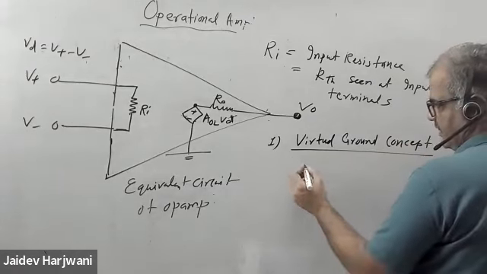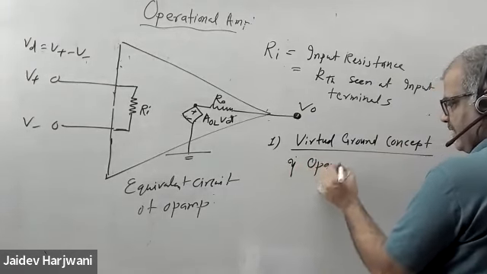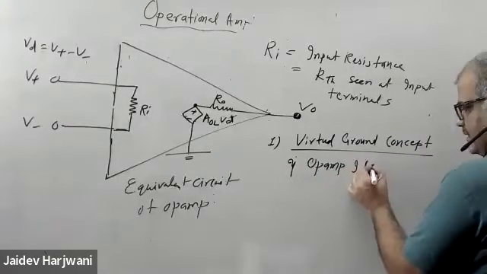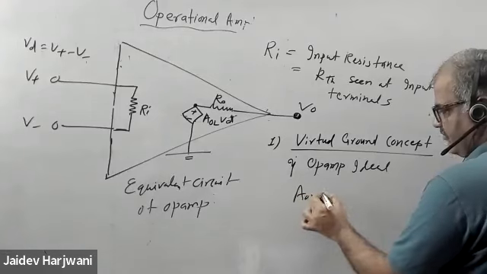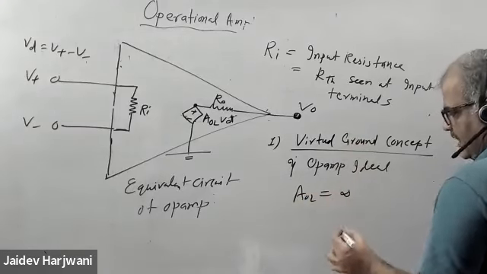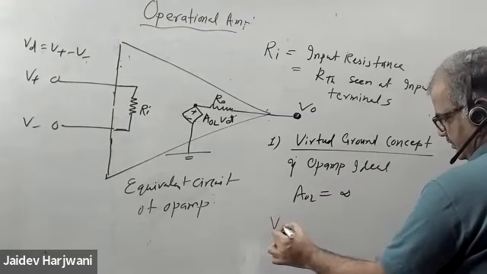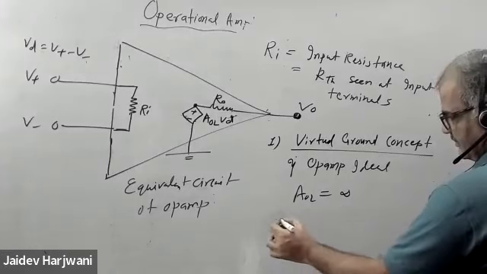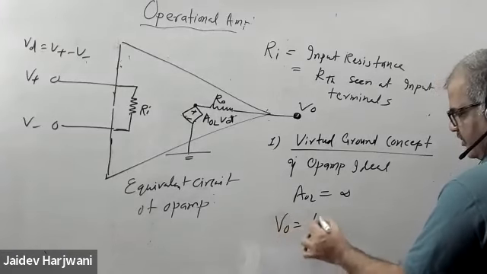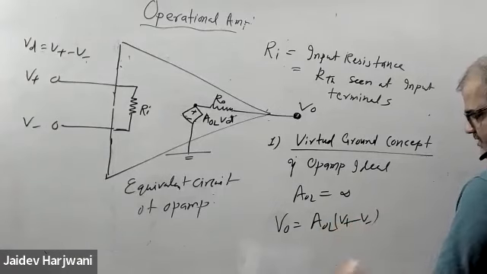If the op amp is ideal, then I say my open loop gain is infinite. That means my V output is AOL into (V plus minus V minus).